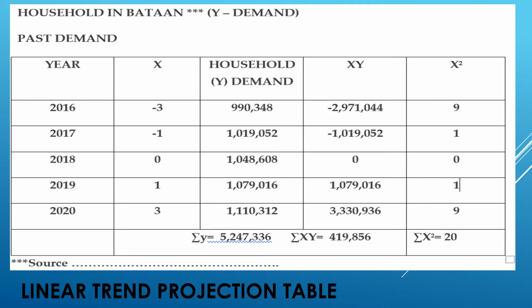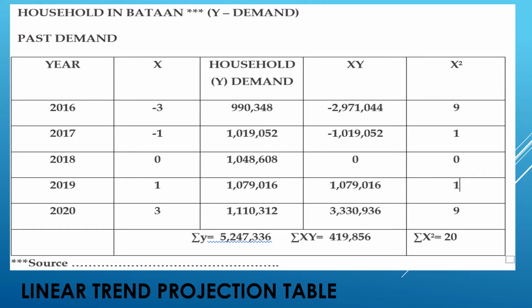So, for the linear trend projection method, we have to create a linear trend projection table. Okay, this is what the linear trend projection table looks like. It consists of 5 columns. Actually, class, the first column is the year that we got from our sources.